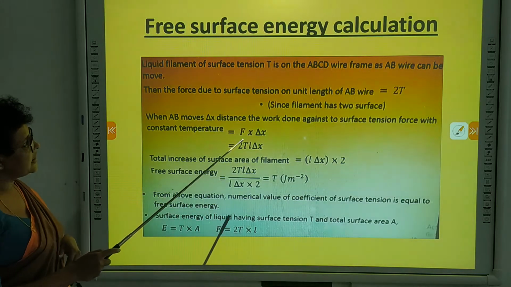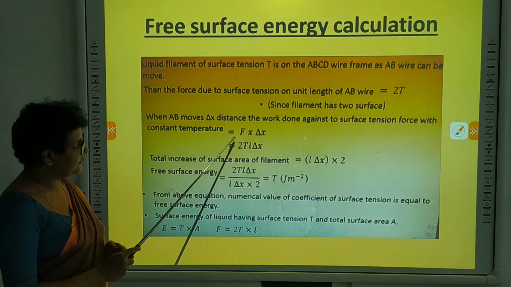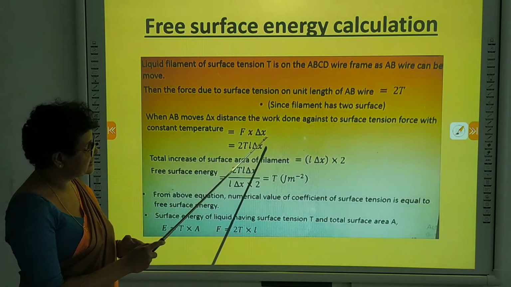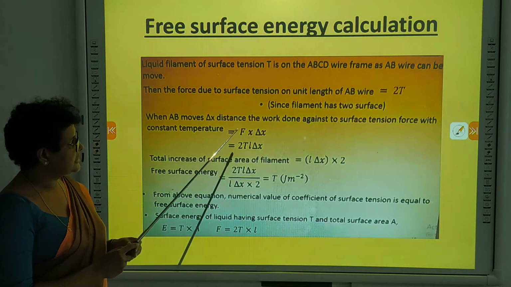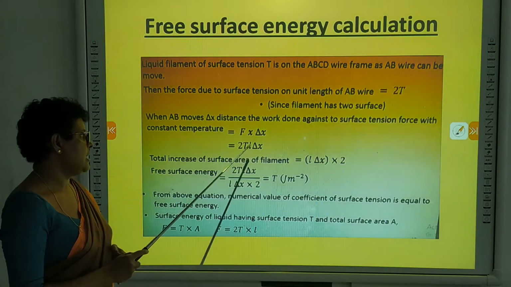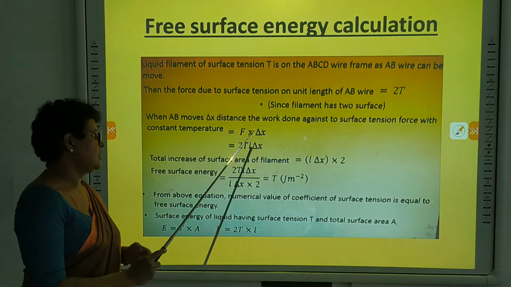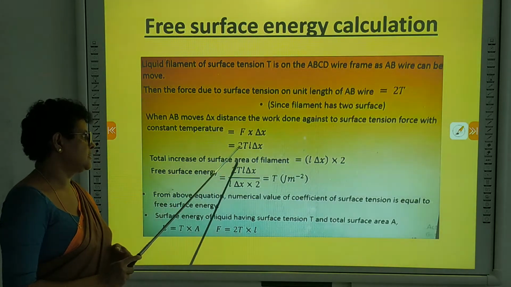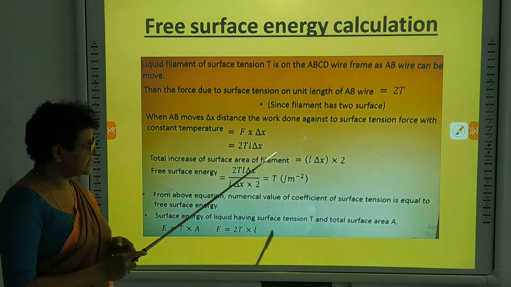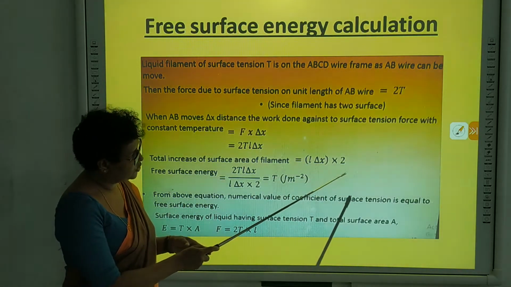So the work done is always force into distance travel, right? Force is F and into distance travel is X. So the force is 2TL and into X, delta X. So this is the work done. Work done means energy. So the increase in energy is 2TL delta X and the area increase is L delta X into 2.